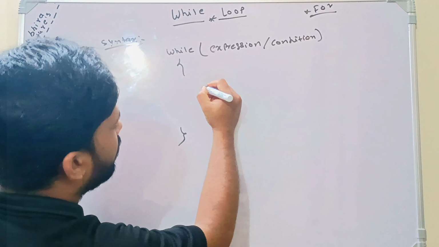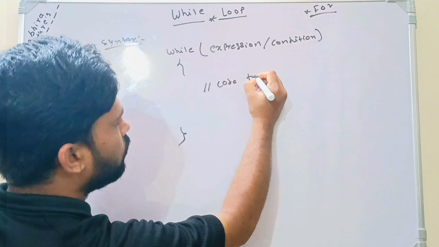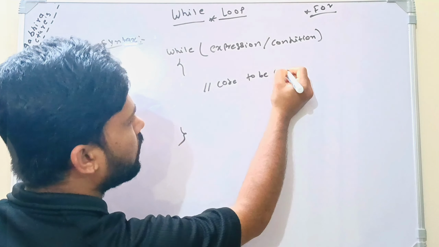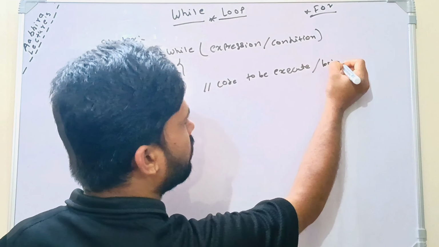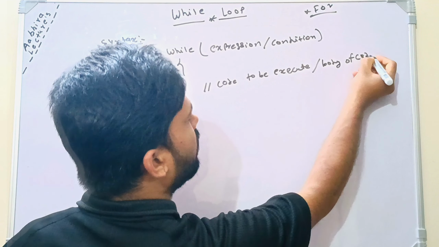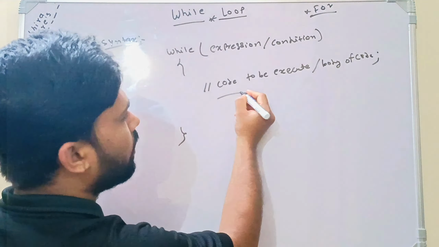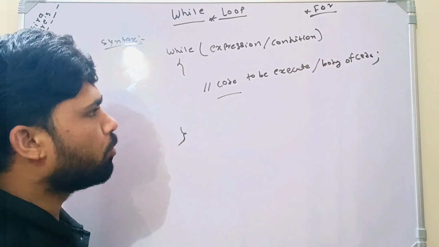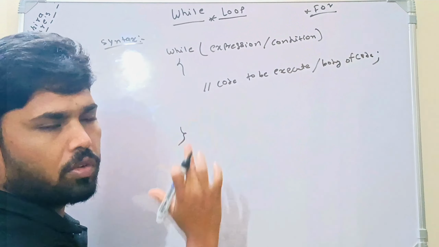In the body we have to write the code, the code to be executed. That is the body of the code. The statements we want to execute we write in the body. So this is the general syntax of the while loop.